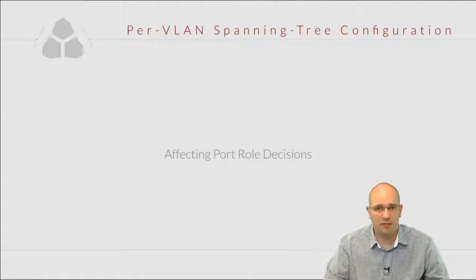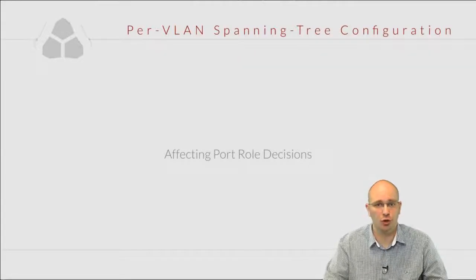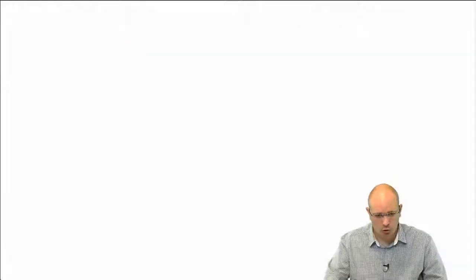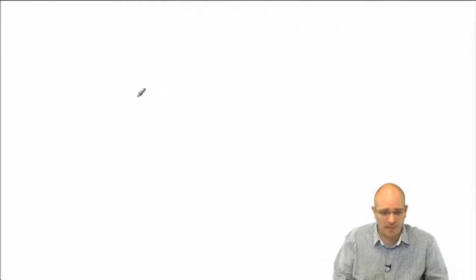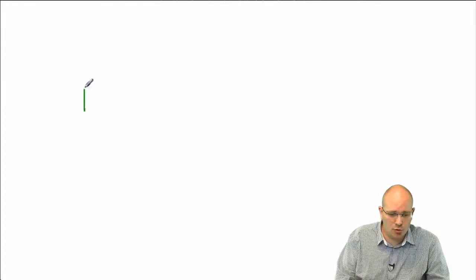Let's take a look at possible configurations we can use on our switches to affect their port role choices, their port role decisions. To do that, I'm going to slightly modify the topology we are using in our network. So I'm going to use two switches, cat1 and cat2.